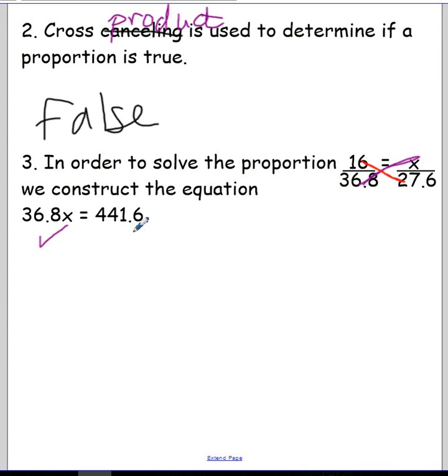So type that in your calculator to see if you get 441.6. Good, you did. So that means this is a true statement. They set it up the right way. And all we would have to do to get x by itself would be divide both sides by that 36.8, that number in front of our x, which in math is called the coefficient.